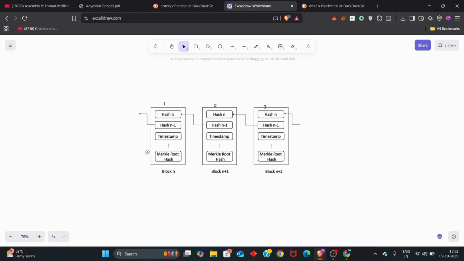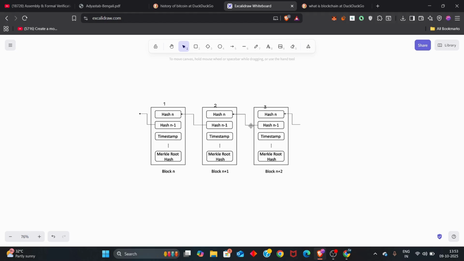If you see block number two, this has its own hash, then the hash of the previous one, that is the hash of block number one, then timestamp, data, Merkle root hash, and so on. Then block three has its own hash, then the hash of the previous one, then timestamp, data, nonce, Merkle root hash, and everything. So this is how a blockchain is made, and this is how these blocks are connected to each other. They are connected by hash.